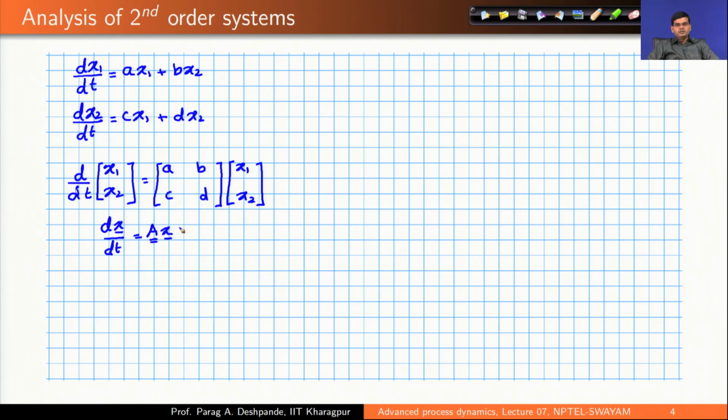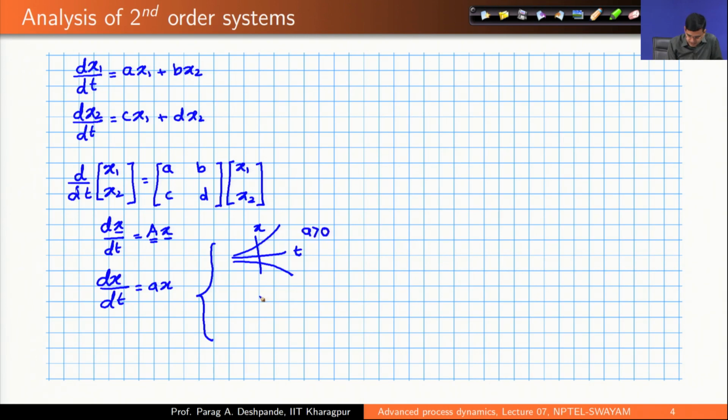When I wanted to look into the dynamical behavior of the first order equation, which was d x by dt is equal to A x, I basically saw that there are two behaviors. One is exponentially growing behavior, and this was for A greater than 0, and the other was exponentially decaying behavior, and this was for A less than 0.